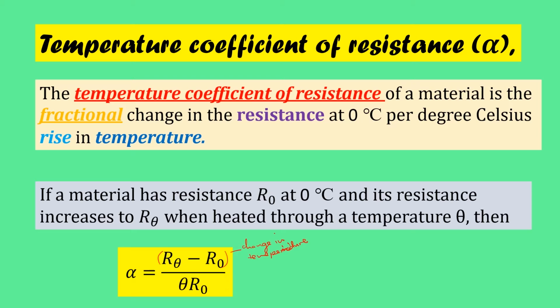R0 is the resistance of the material at 0 degrees Celsius, and R theta is the resistance at the higher temperature.